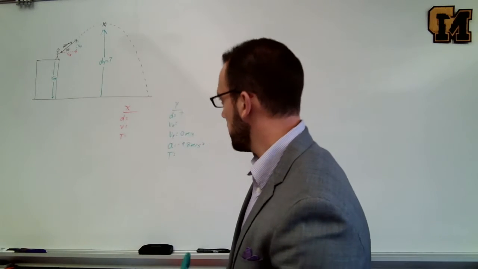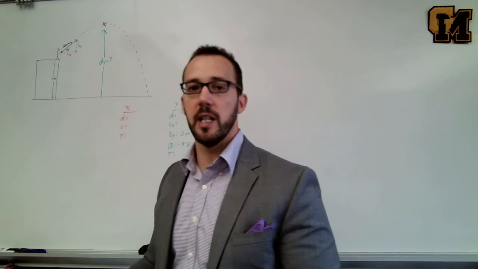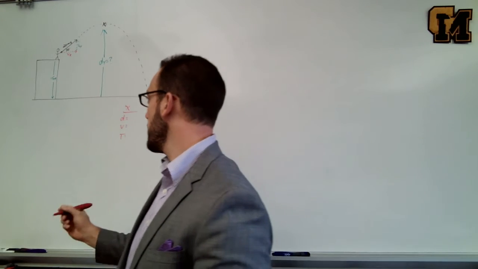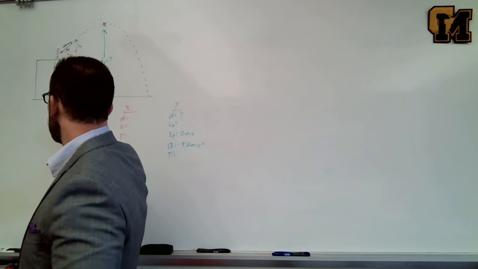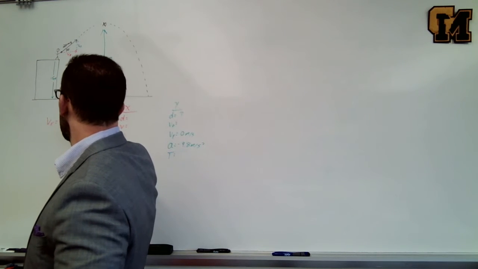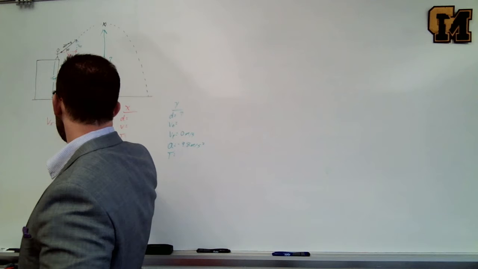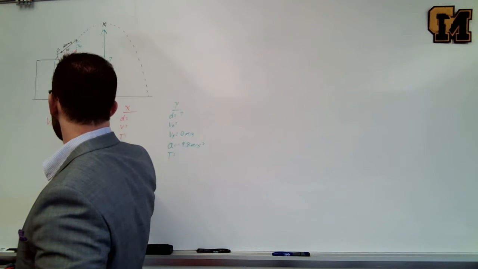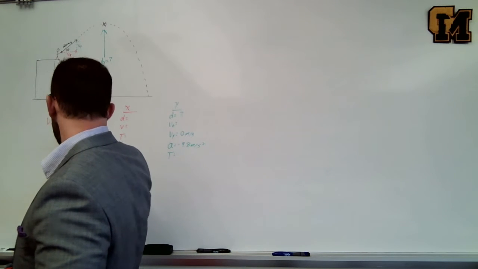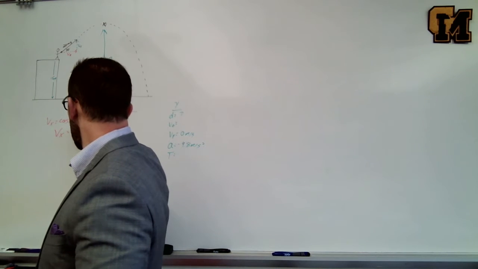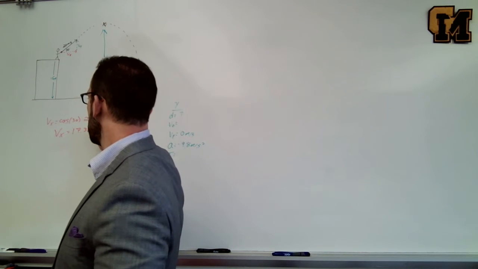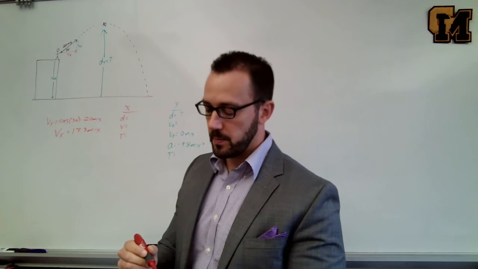So now we're going to set up our right triangle to solve for the velocity in the x and the velocity in the y. Velocity in the x is the adjacent side, so I solve for that using cosine 30 degrees times the hypotenuse, which is 20 meters per second. And when I do, I find that the velocity is 17.3 meters per second.